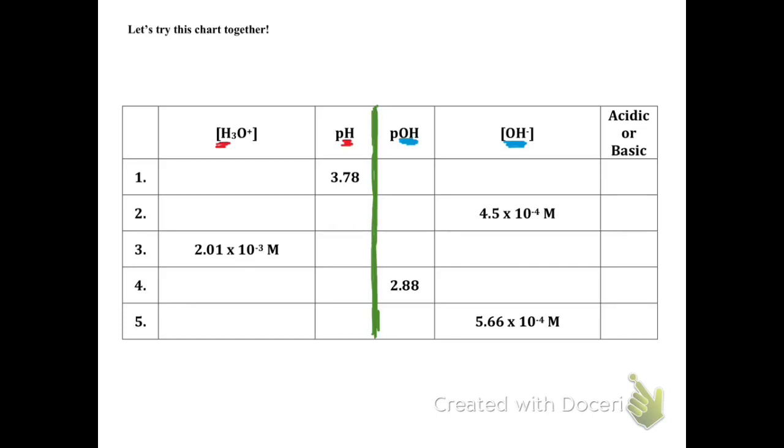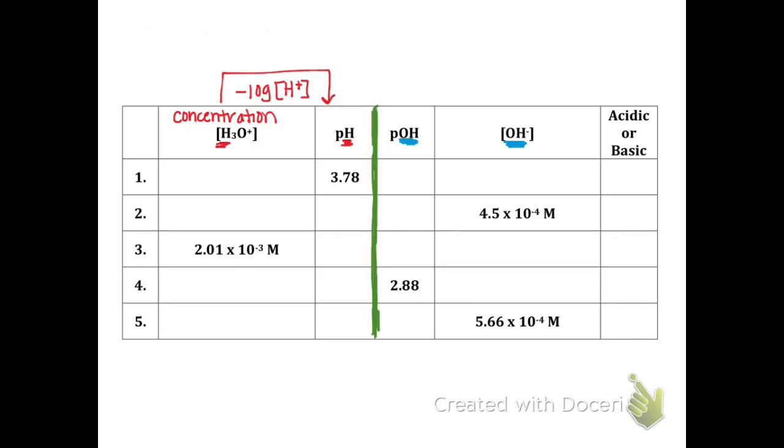So here, okay, if you want the pH and you have the concentration, okay, so remember this is the concentration, then you're going to use negative log. So the equation is negative log of your hydrogen concentration will get you from here to here, okay?